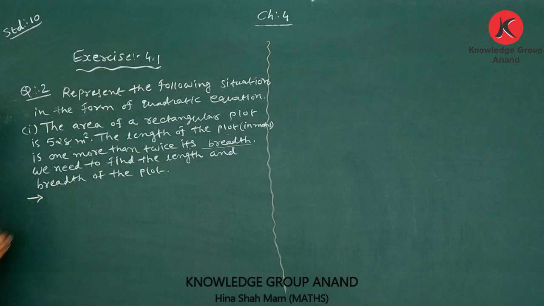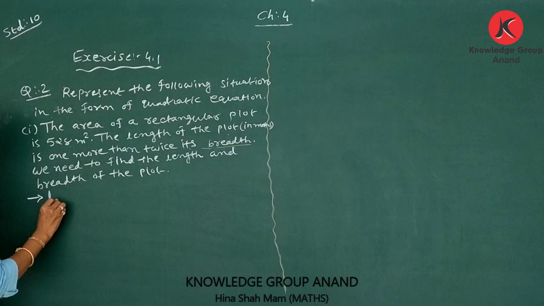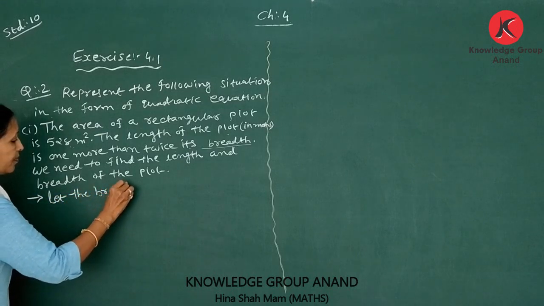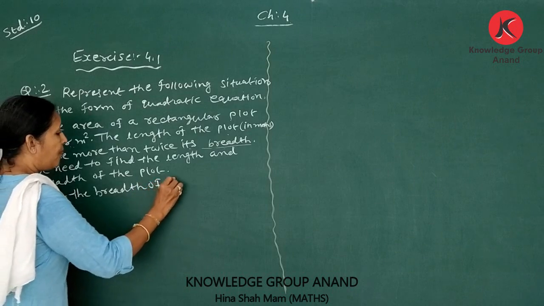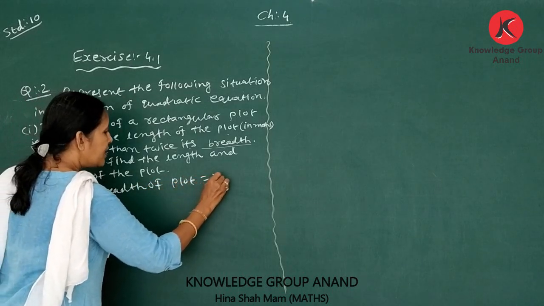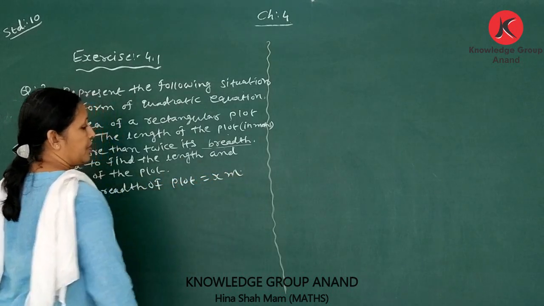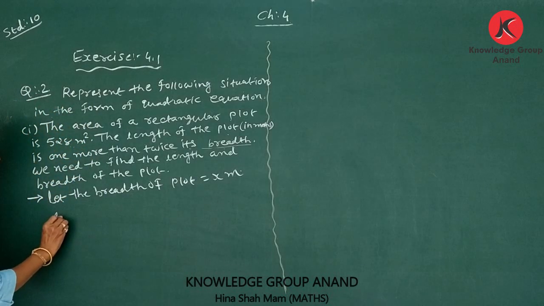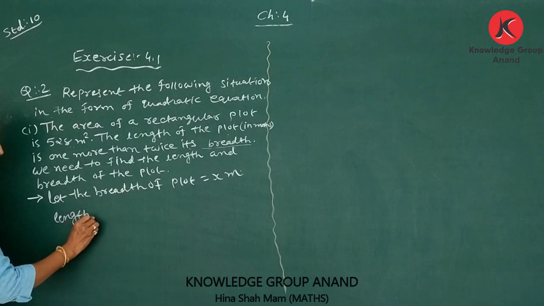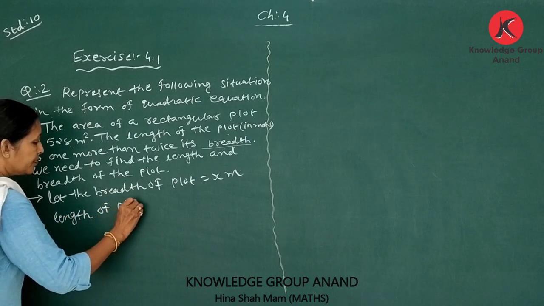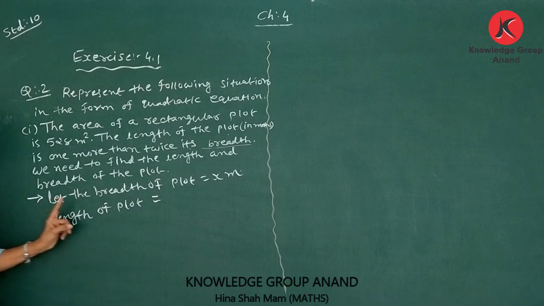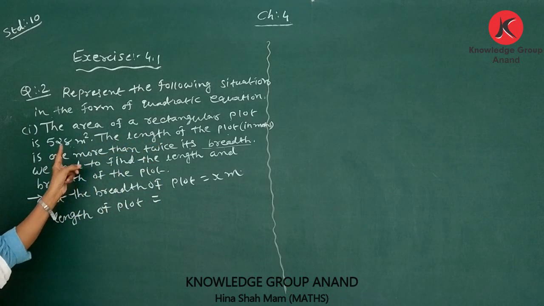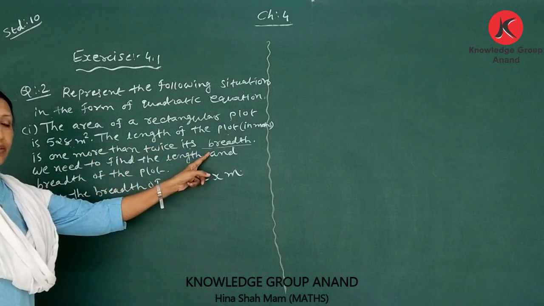Let the breadth of the plot be x meters. Then the length of the plot is one more than twice its breadth.